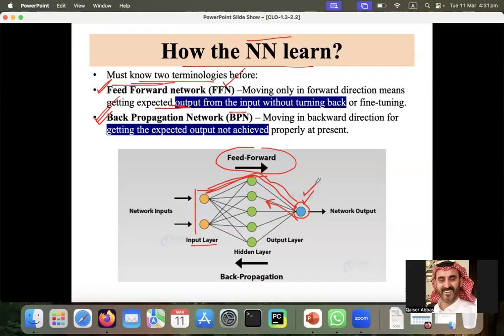But that output is not the output that you were expecting, which means there is a difference between the predicted and the actual class. So then what? You have to improve this result.